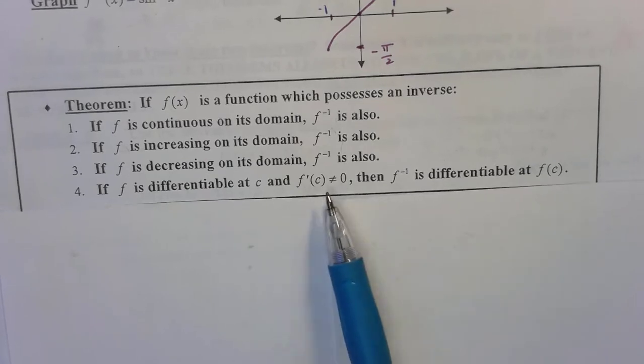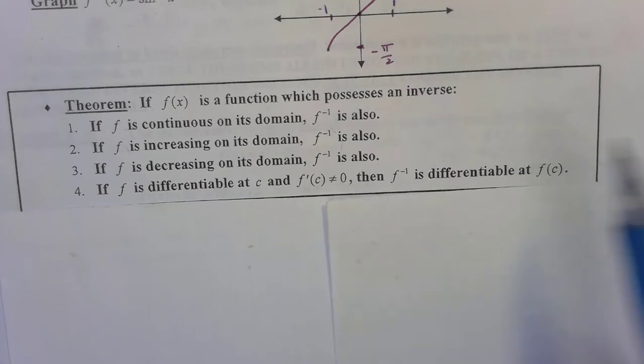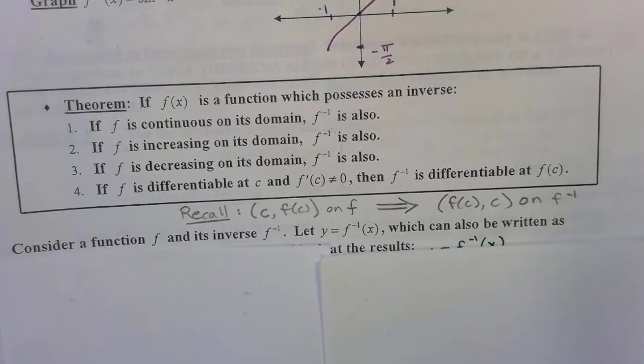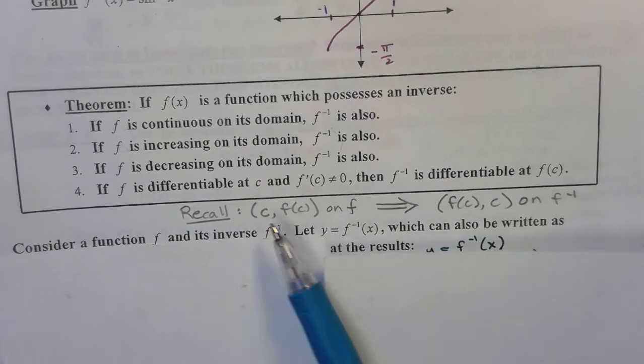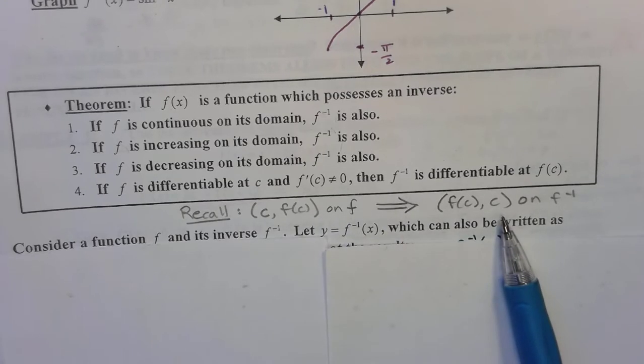This would be why a horizontal line whose derivative is 0 would not have an inverse that is a function. The inverse would be a vertical line. And let's recall, (c, f of c) on function f becomes (f of c, c) on the inverse.